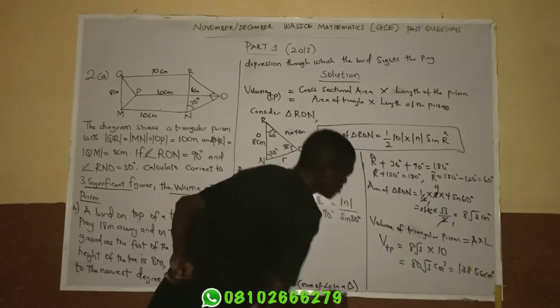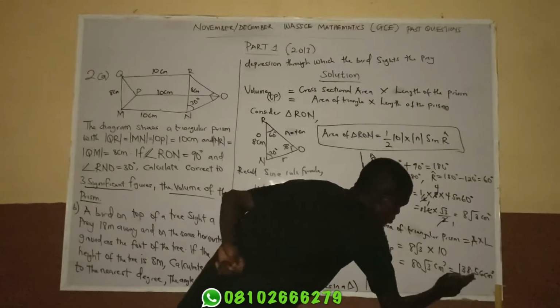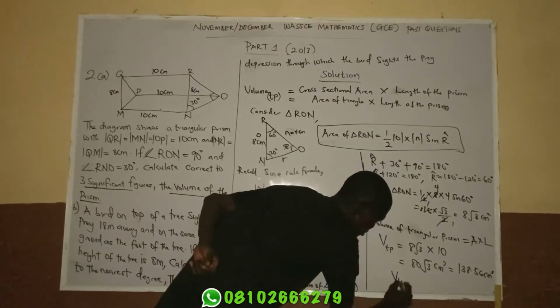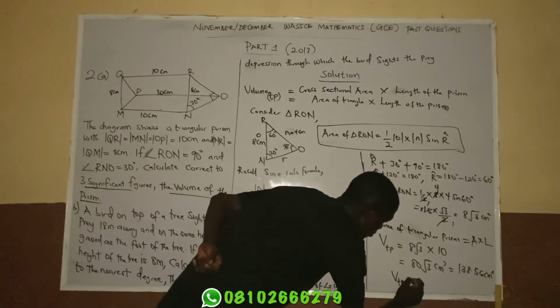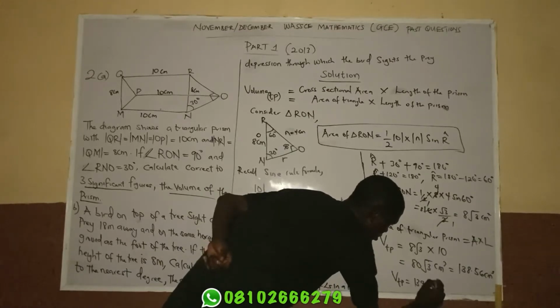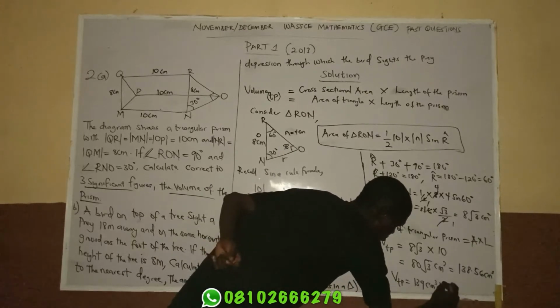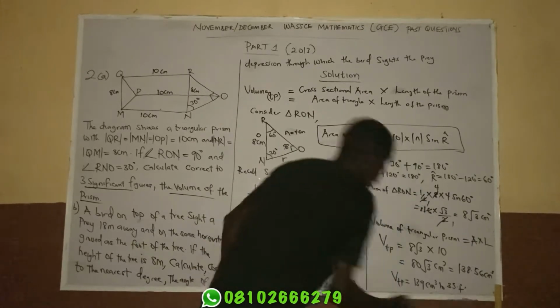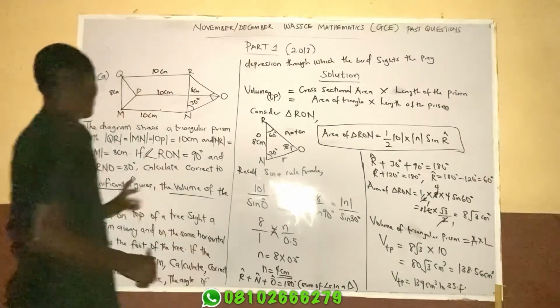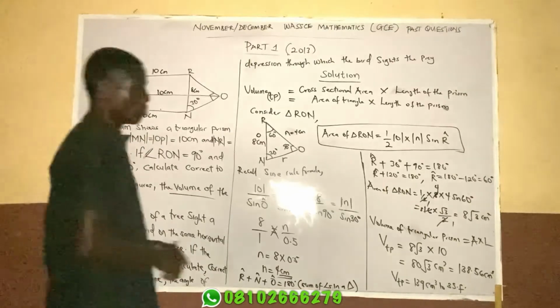To 3 significant figures, your volume of the triangular prism is approximately 139 centimeter cube to 3 SF. That is the solution for the problems. So we're considering the B aspect of the problems.